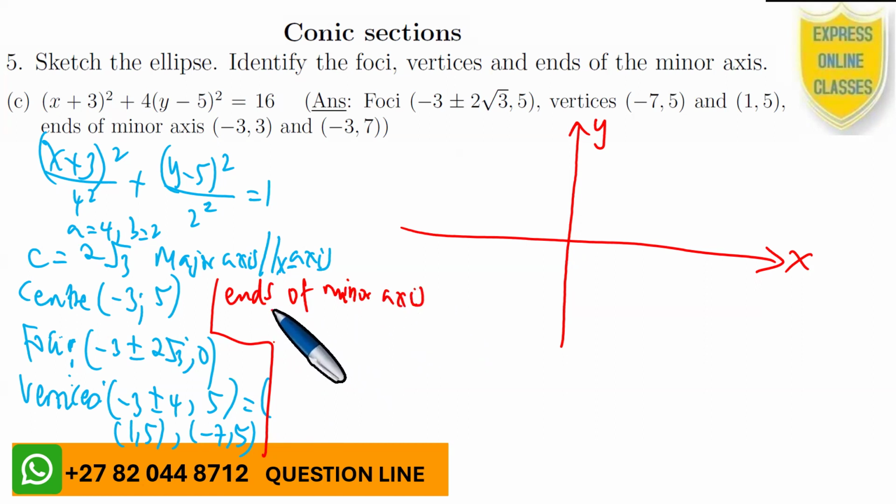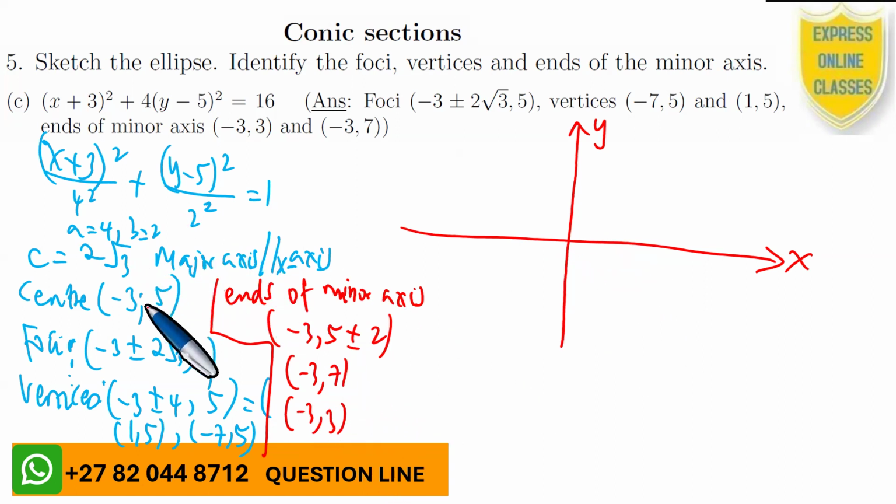What are the ends of the minor axis? You consider the center and then deal with the small one. Because the major axis is parallel to the x-axis, the minor axis is parallel to the y-axis. So it's going to affect the y coordinate, you add and subtract the small one, 2. With minus 3, 5 plus 2 is 7, and then 5 minus 2 is 3.